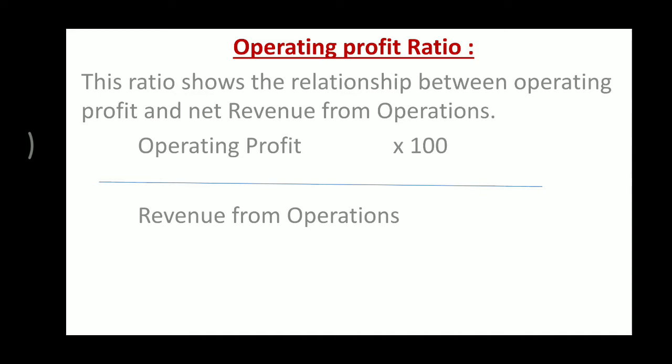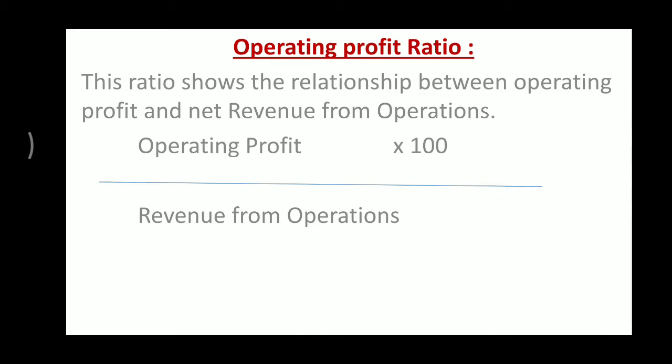This ratio establishes the relationship between operating profit and revenue from operation, because the formula for operating profit ratio is operating profit into 100 divided by revenue from operation, and we'll be getting it in the form of percentage as into 100 is there.